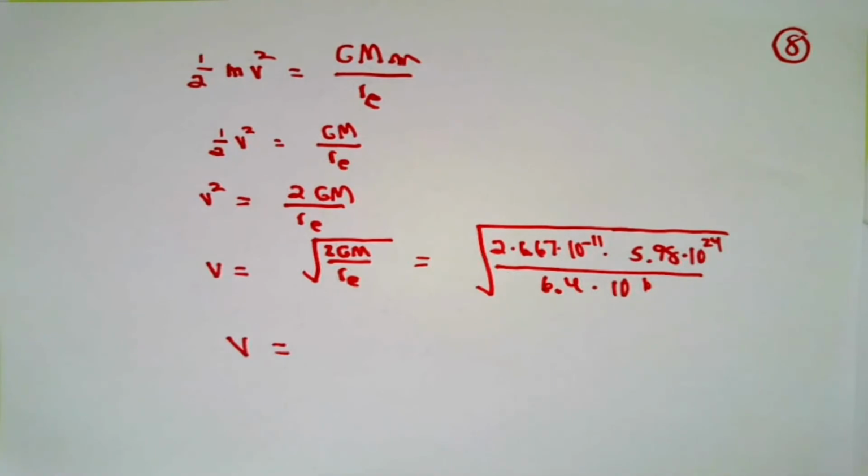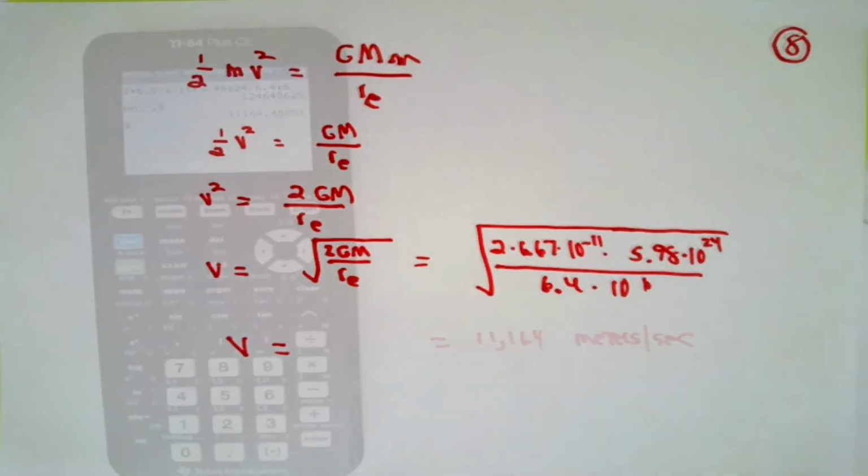I need to calculate 2 multiplied by 6.67 times 10 to the minus 11 times 5.98 times 10 to the 24 divided by 6.4 times 10 to the 6, and having obtained that number, take its square root, which of course is the same thing as raising a number to the 1/2 power.